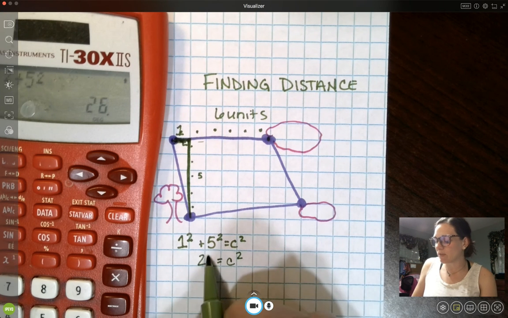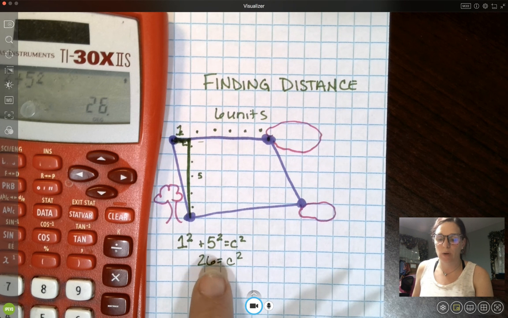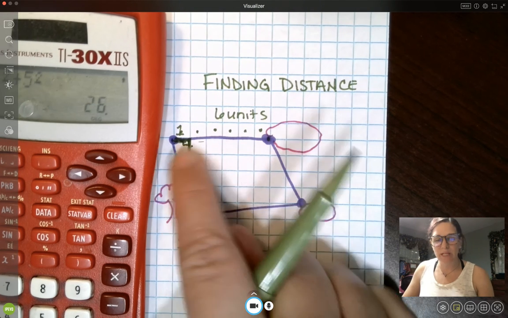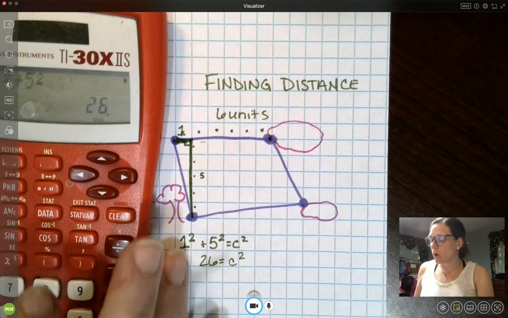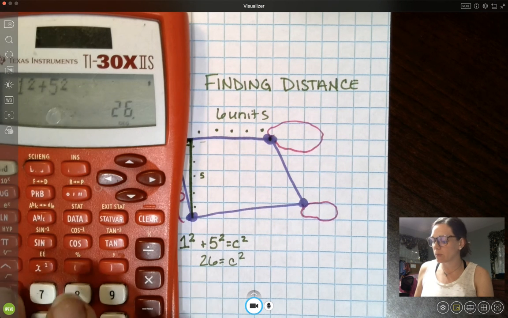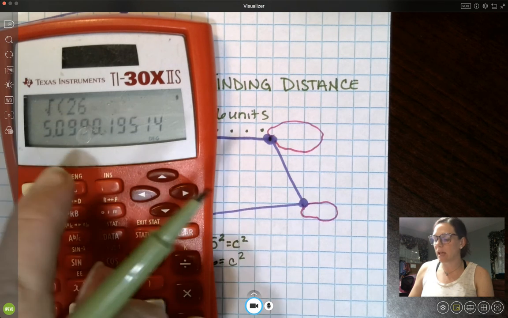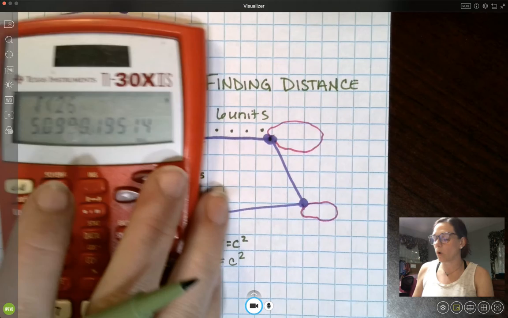Now I can't leave my answer like that. When c is squared, I get 26. Would this length make sense to be 26 if this piece was only 6? That doesn't make sense. So I would have to take the square root of 26, and I would find out that that length is just over 5 units. So I'm going to say it's 5.1 units.